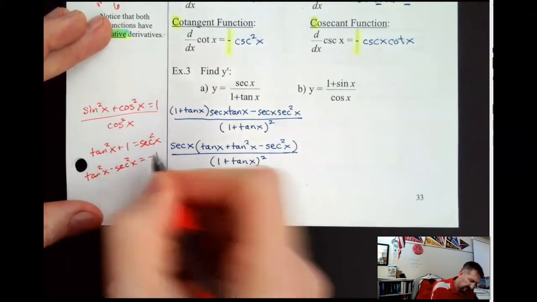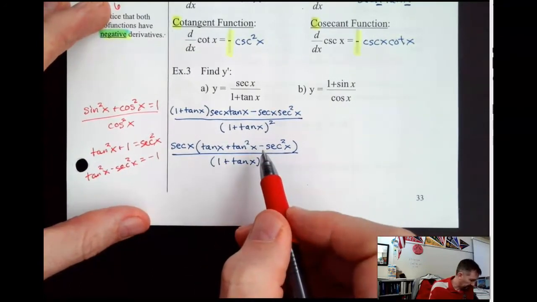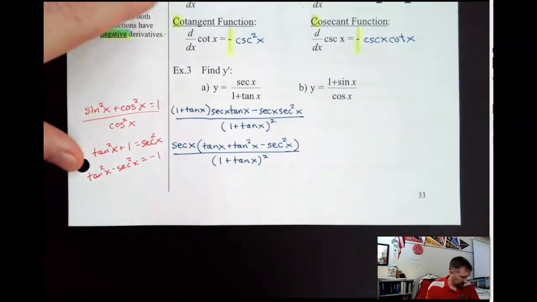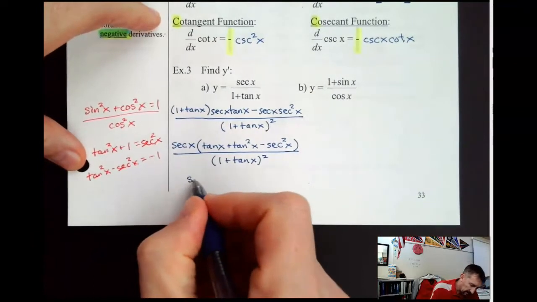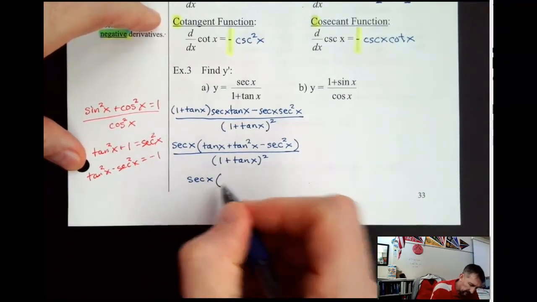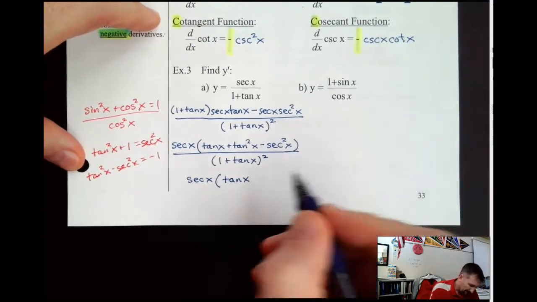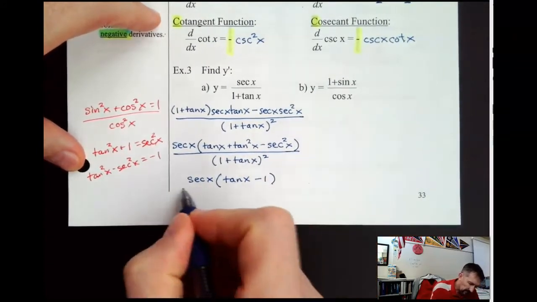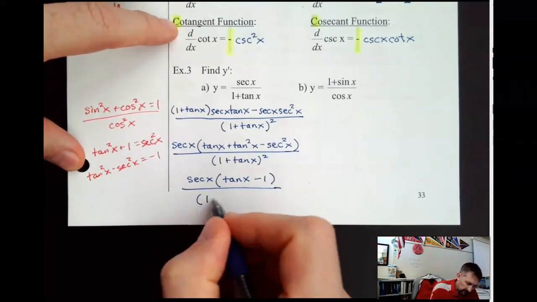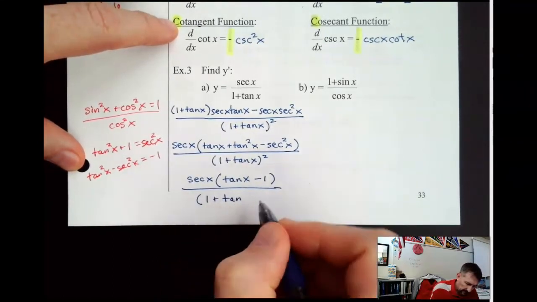So I can switch that to negative 1. So now we have secant x and we have tangent x minus 1. And that's about all we can do there.